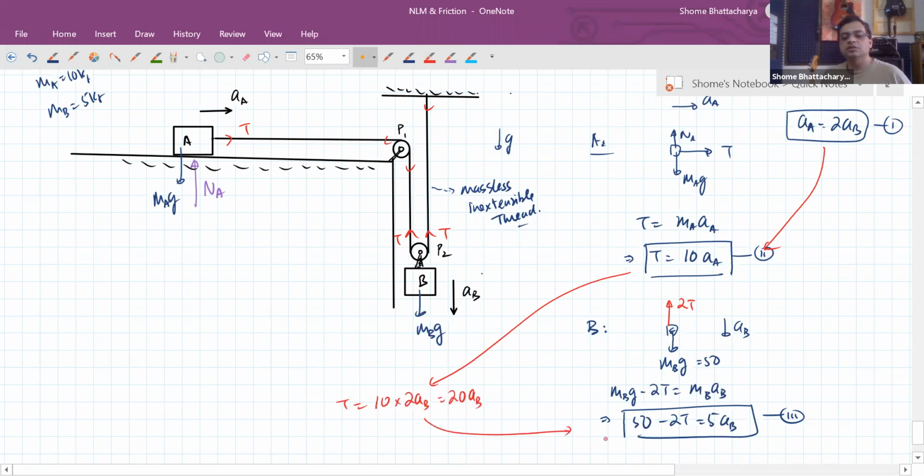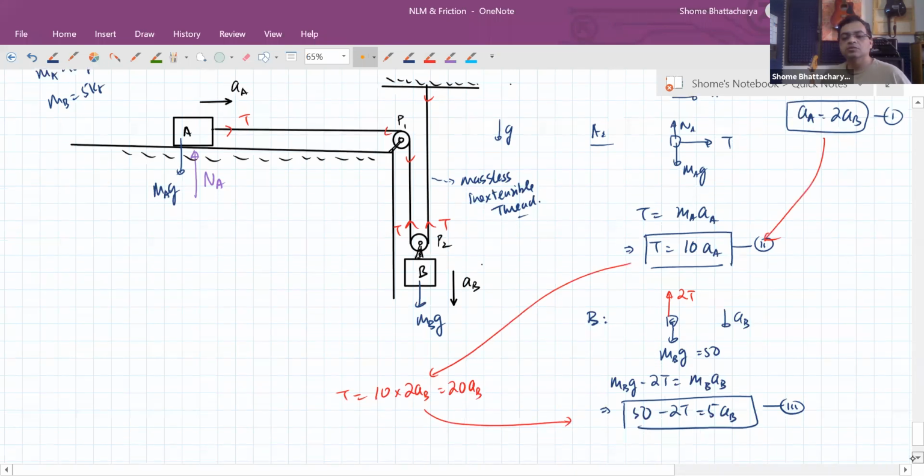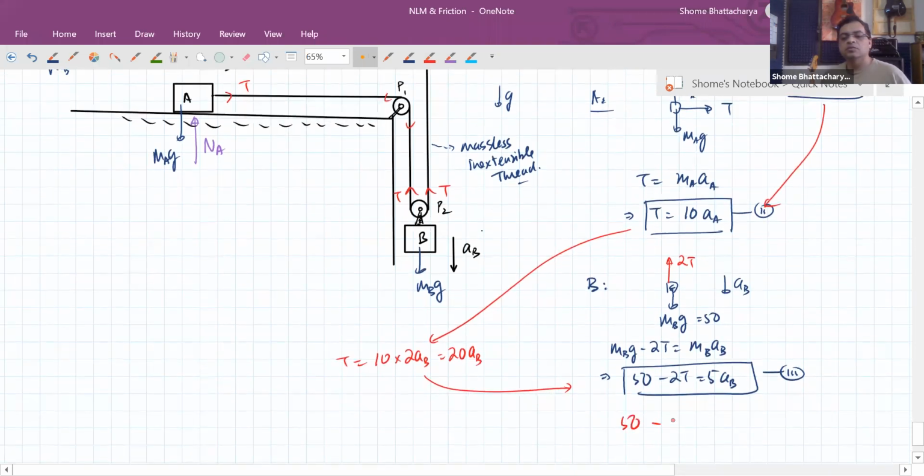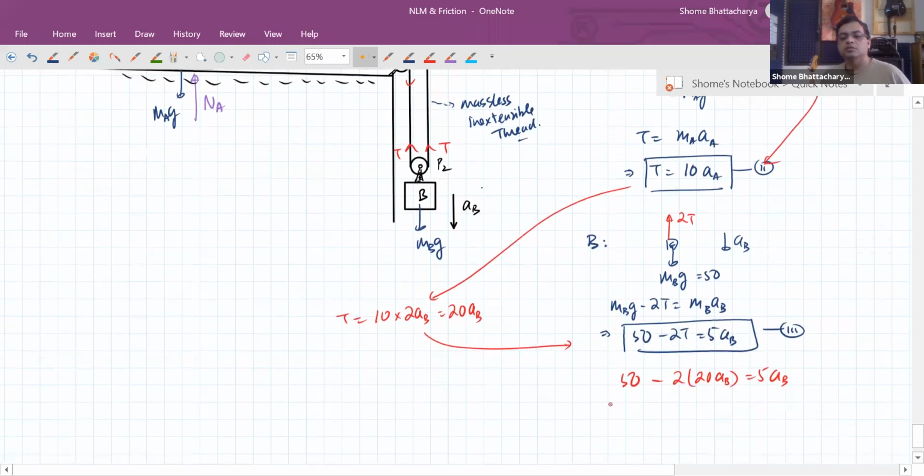Then we'll substitute this here, so this equation becomes 50 minus 2 into 20 a_B is equal to 5 a_B. From this, we can see that acceleration of B becomes 50 upon 40 plus 5, or 50 by 45, or 10 by 9 meters per second square.